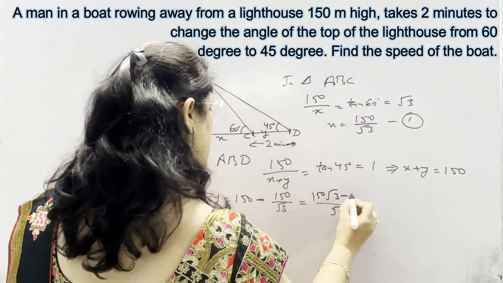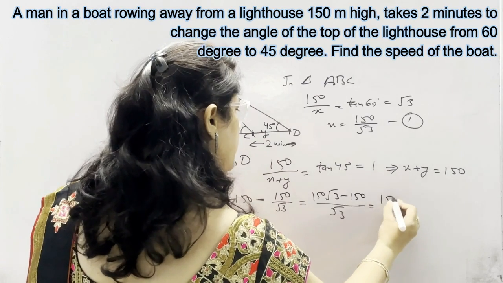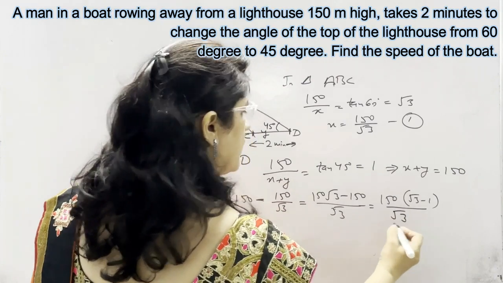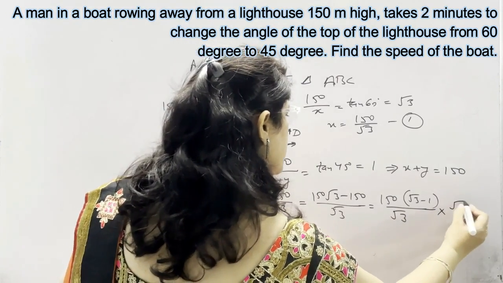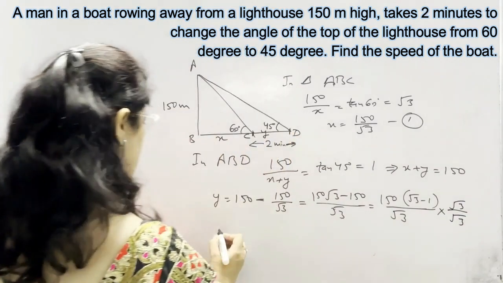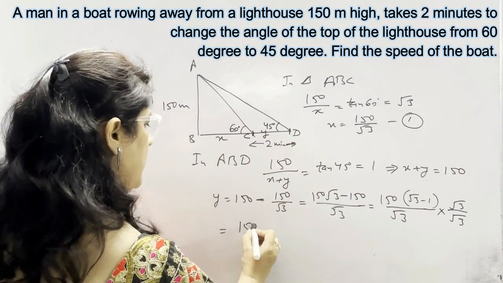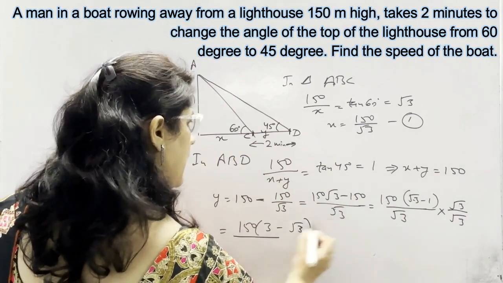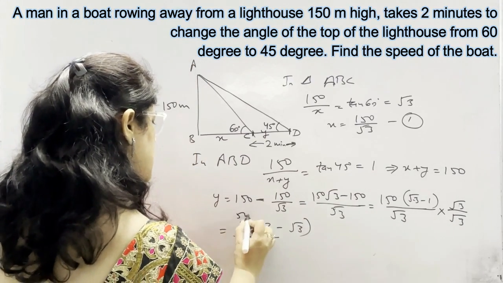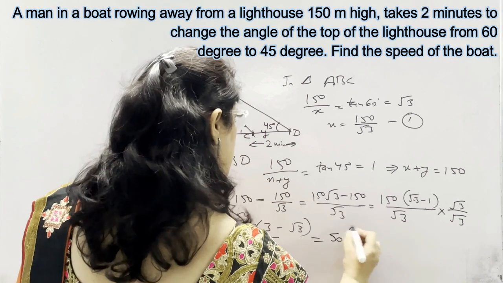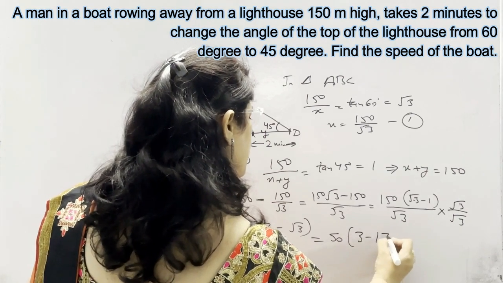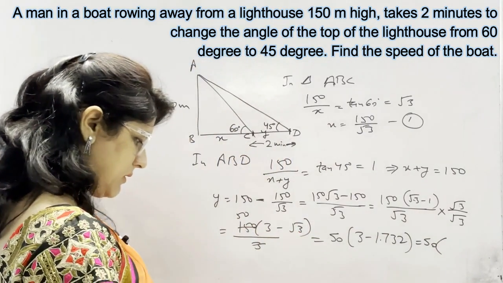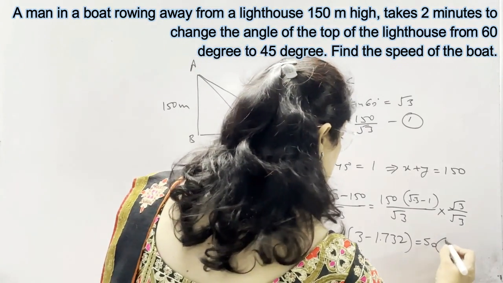So, 150 under root 3 minus 150. 150 we can take common, under root 3 minus 1 upon under root 3. Rationalizing, 150 under root 3 into under root 3, it means 3 minus under root 3 and divided by 3. So, this is 50 into 3 minus under root 3, value is 1.732. After subtracting, we will get 3 minus 1.732, it is 1.268.